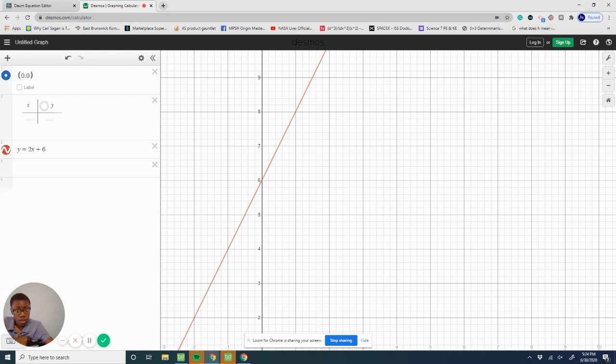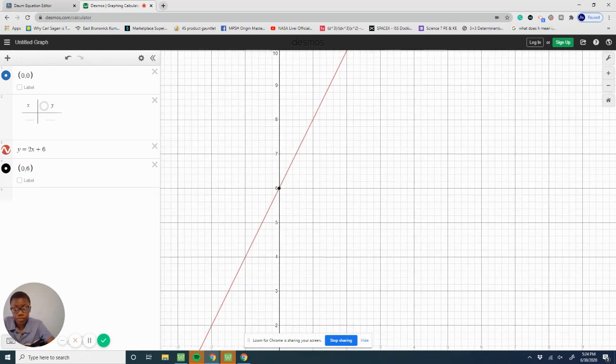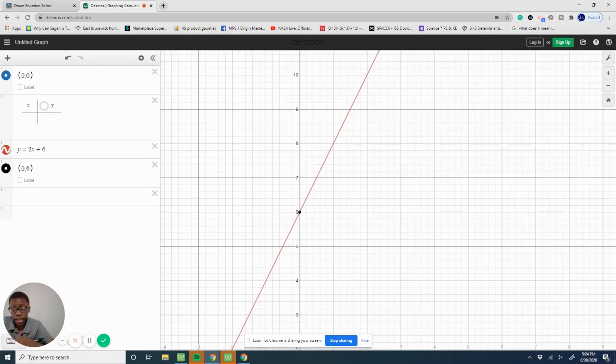Let's see. How about this point? Just plot it right there, (0, 6). And let's plot a second point. Let's do (1, 8), like that.